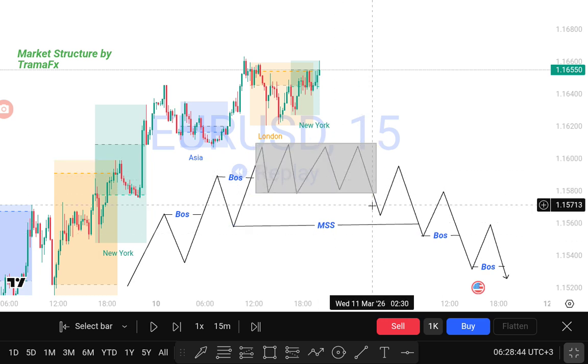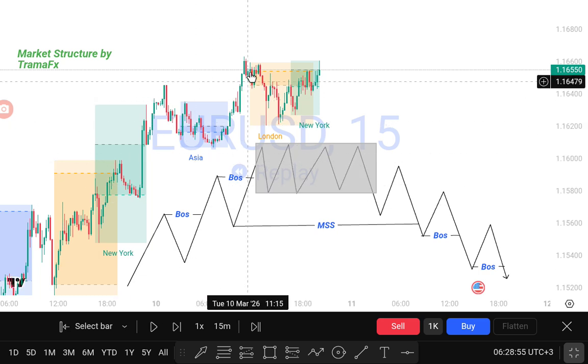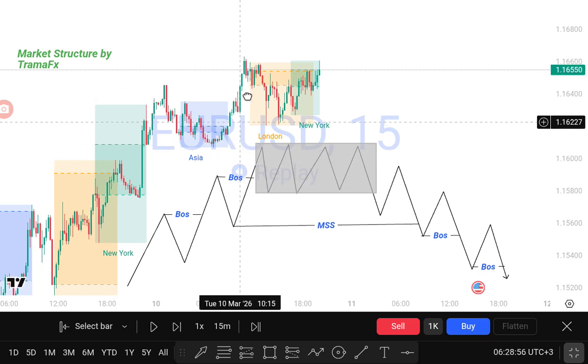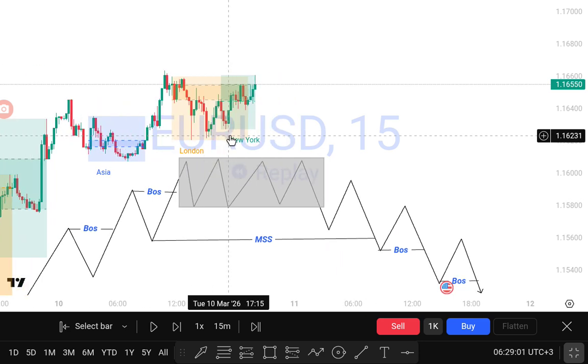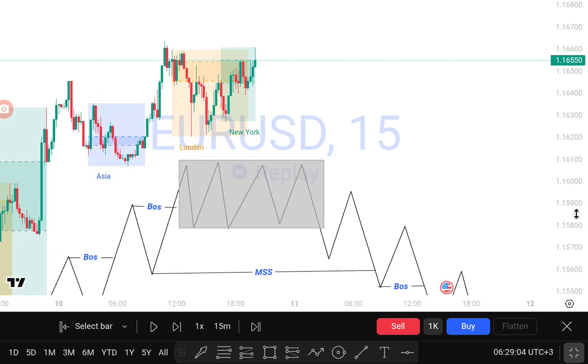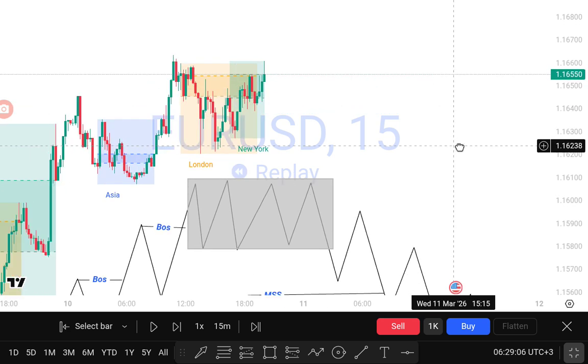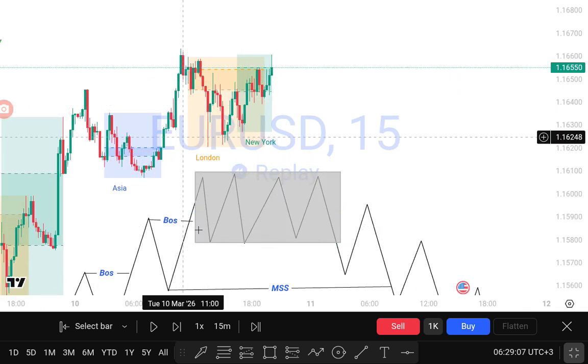As usual, my higher time frame is 15 minutes. So I want us to start on how to identify market structure, where we are, where is our next move. Okay, so Euro USD, I'm going to start at this point.